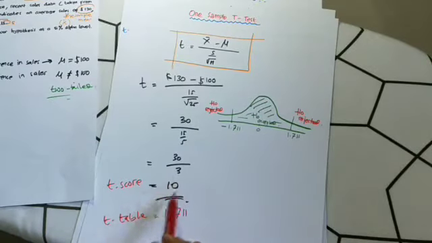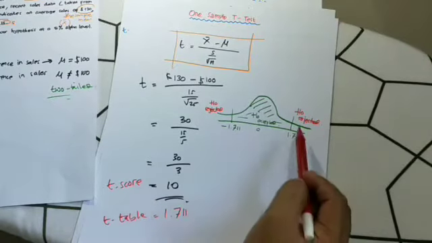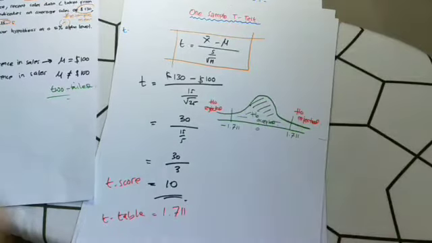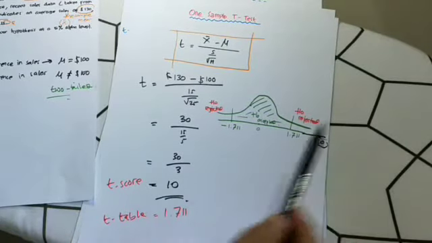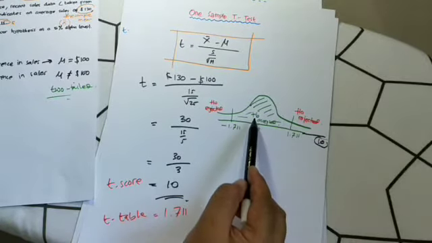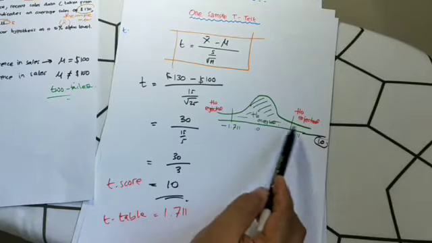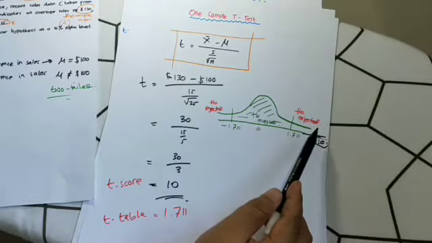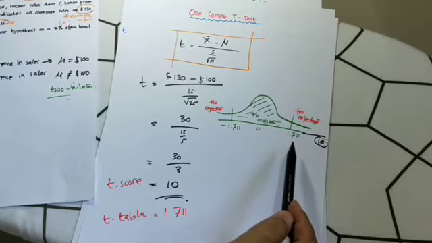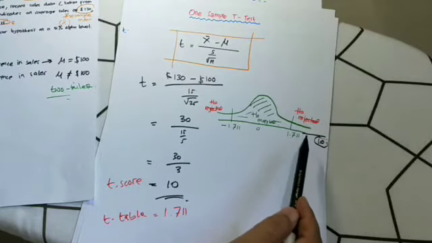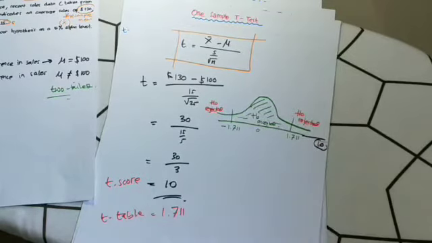And this t-score is 10. It means 10 is far away, somewhere here. So it means that your null hypothesis is rejected. Otherwise, your alternate hypothesis is accepted, which is there is difference in sales, or the sales is not equal to $100 for the whole population, not only for the 25 salesmen.